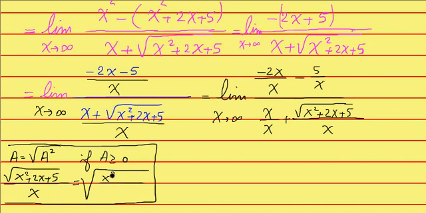Numerator is just what it was before. Instead of this x, I put the x squared in the radical.